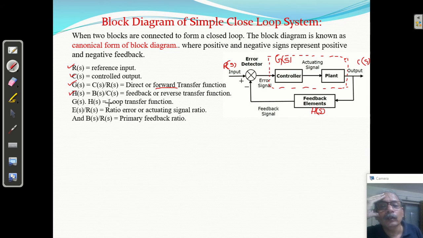Now this signal is known as the feedback signal, B of S. What is it called? The feedback signal.